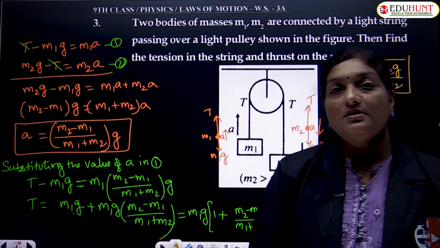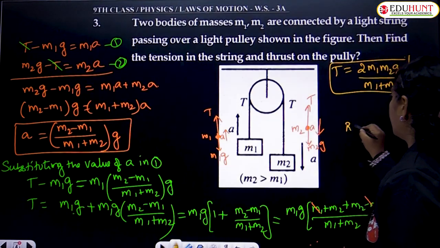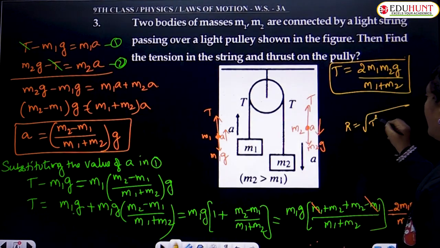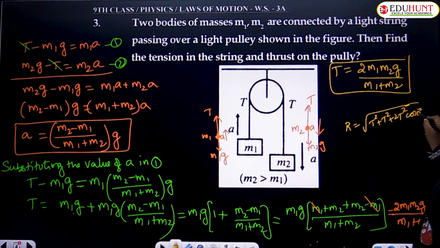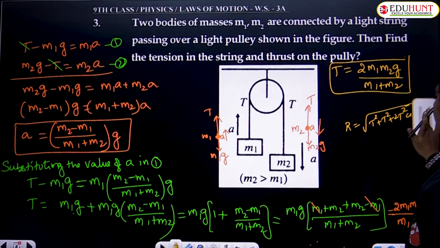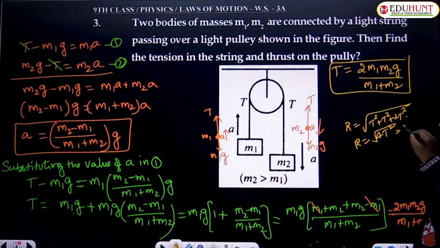Cos 0 is 1. You know that the resultant equals root over T squared plus T squared plus 2T times T cos 0 degrees. Replacing cos 0 with 1, this becomes 2T squared plus 2T squared, that is T squared plus T squared plus T squared plus T squared, which is 4T squared, the root of which is 2T.